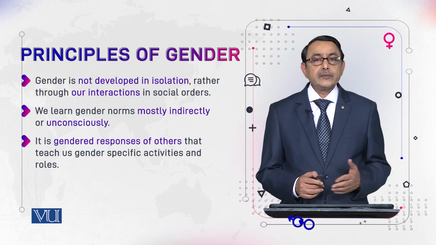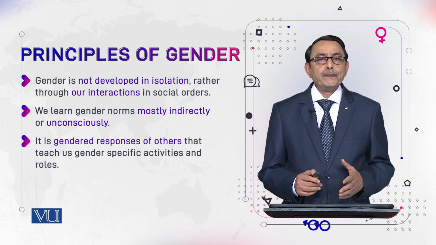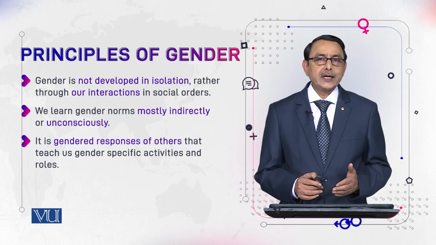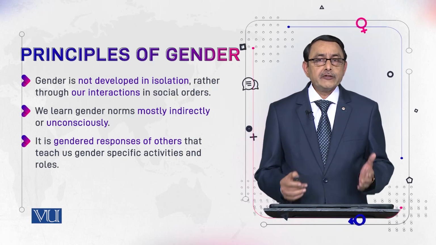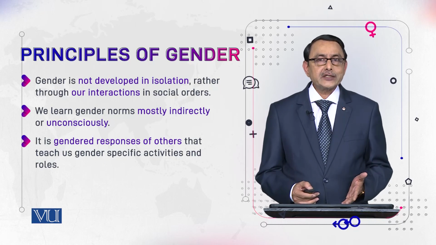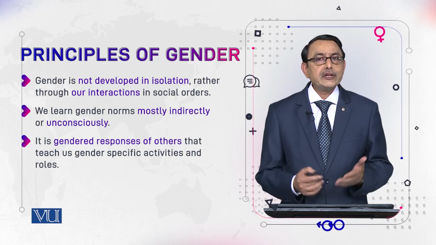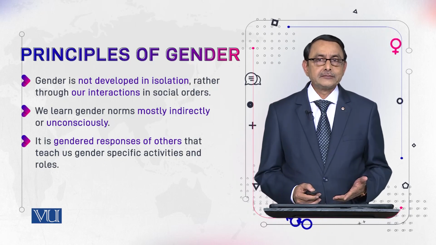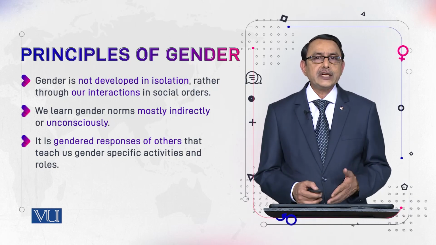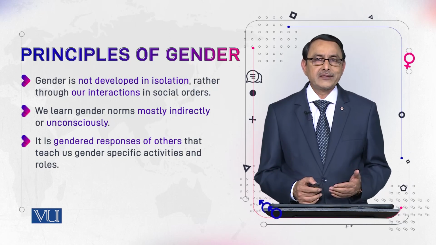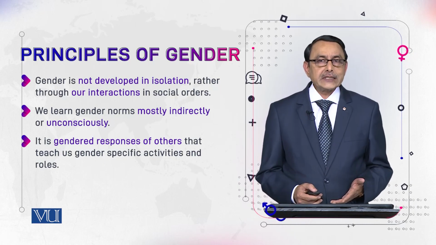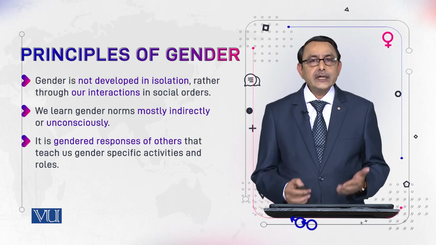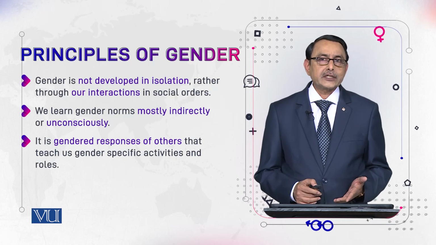We learn gender norms mostly indirectly and unconsciously, because gender development takes place in interactions. This is a collaborative environment. This is how gender development becomes collaborative. During these interactions, indirectly, we internalize what gender is. So it is learned indirectly and unconsciously most of the time.